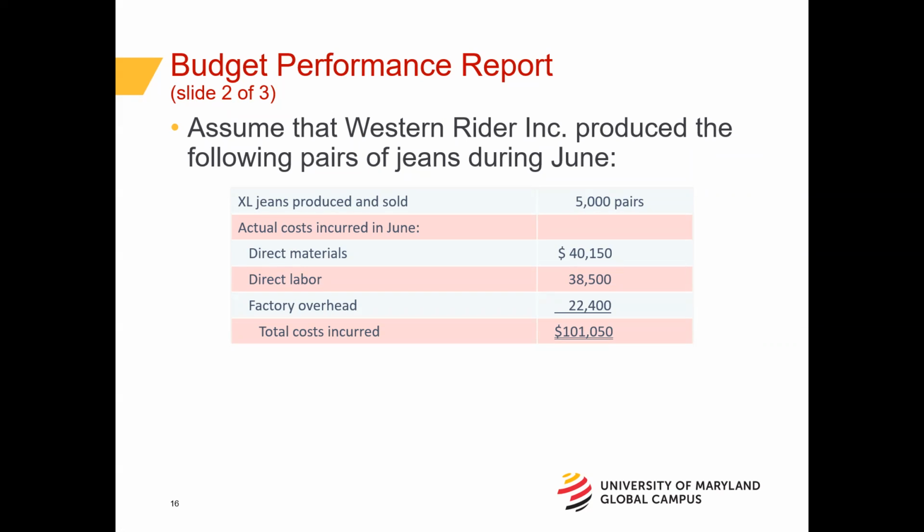So, handy calculator here. We got $101,050 divided by 5,000, which gets us a true cost of $20.21 per pair.